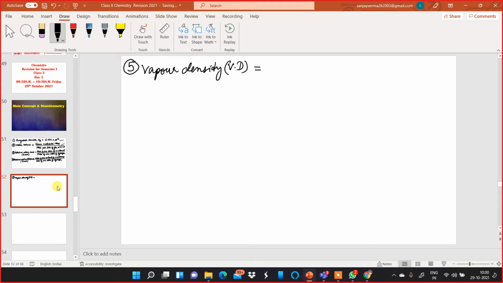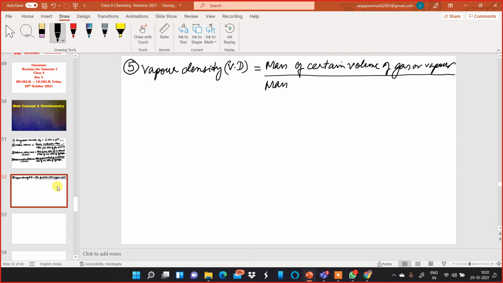The formula is given as the mass of a certain volume of gas or vapor divided by the mass of the same volume, or equal volume, of hydrogen.